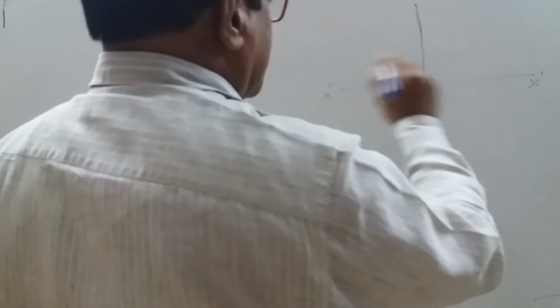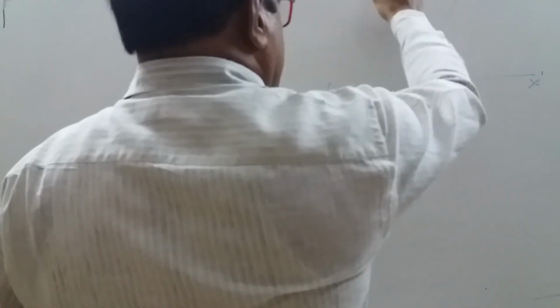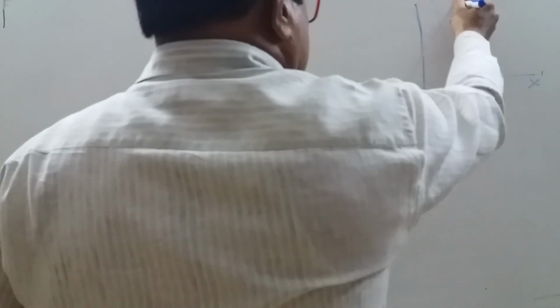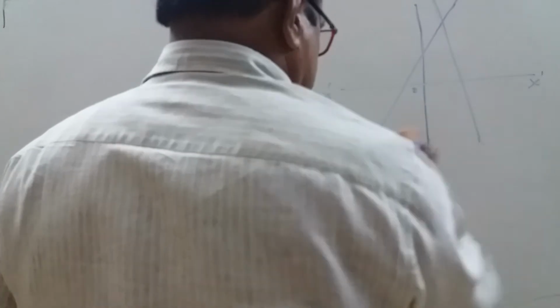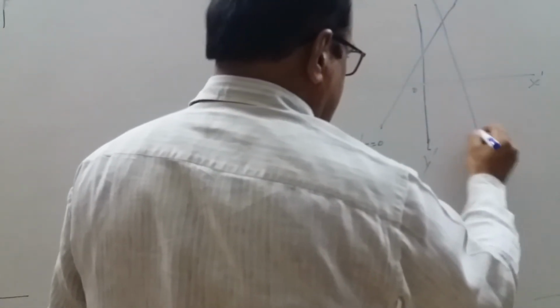If an equation represents a pair of straight lines, which are not passing through the origin or passing through the origin, like this, then suppose this is L1 is equal to 0 and this is L2 is equal to 0.